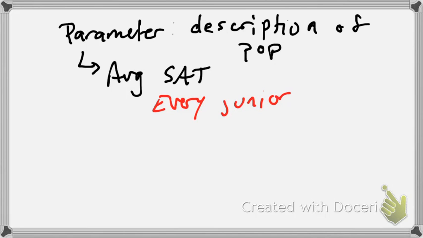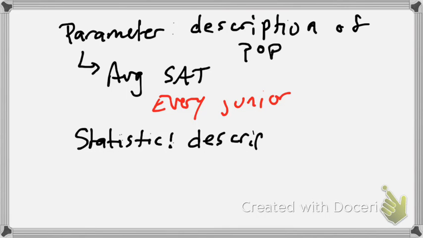Okay? A statistic is a little bit different. This is where we break down what would happen with Frankenmuth kids, right? So this is a description of a sample.